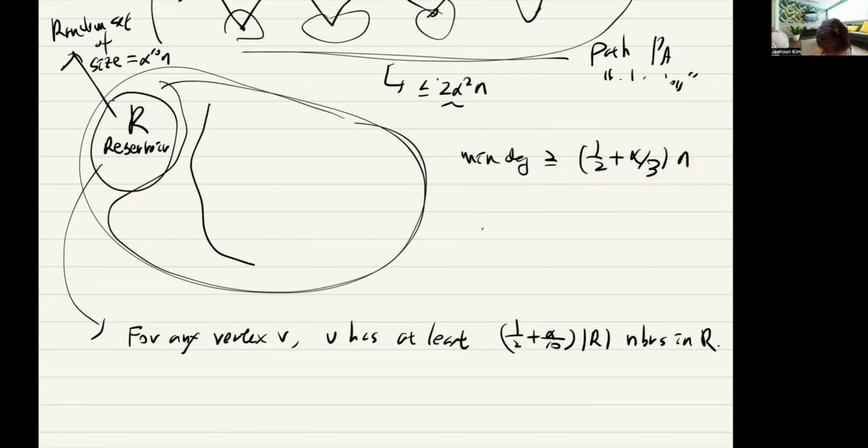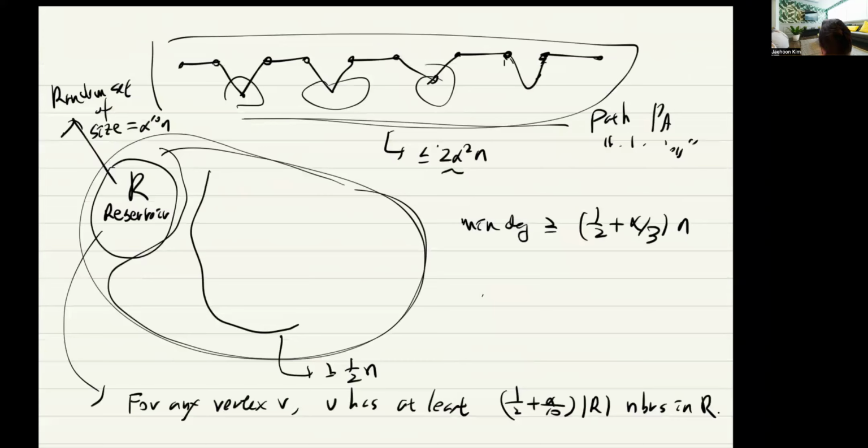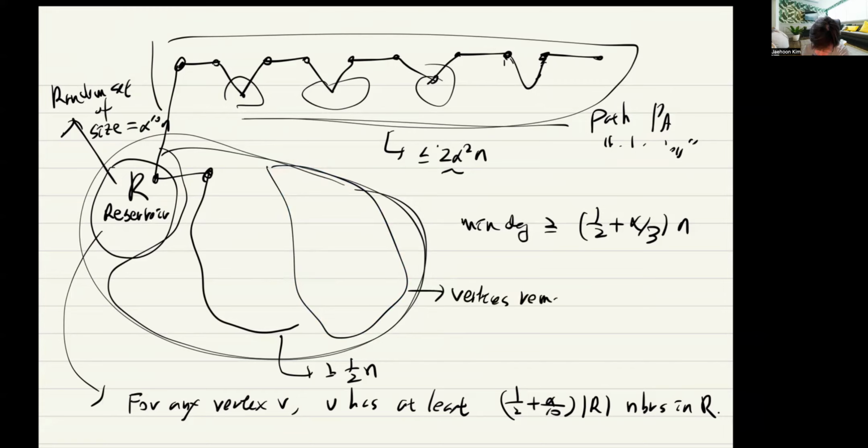So here you can find a long path of length at least half n. And then again, you know that these two endpoints each have more than half of the vertices as neighbors here, so they have a common neighbor here. So you have a longer path. And then here, some vertices remain. What do you do?